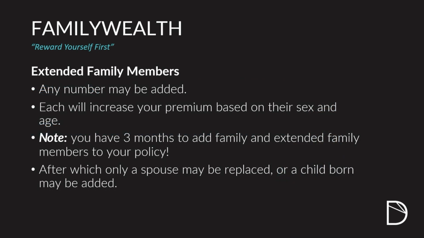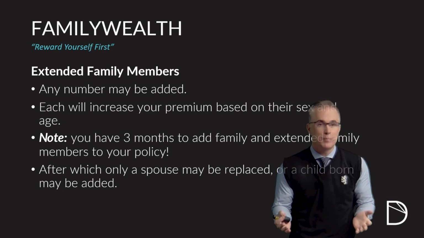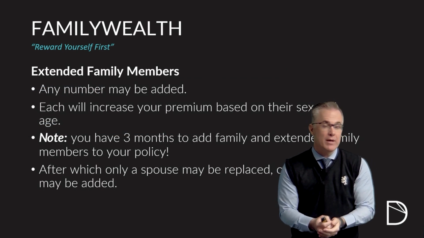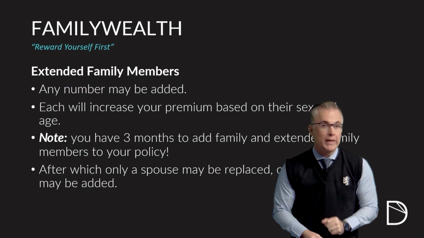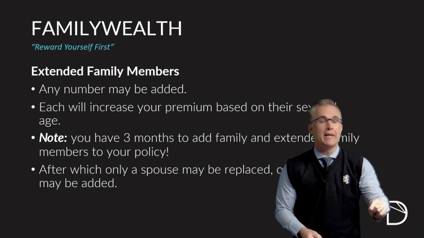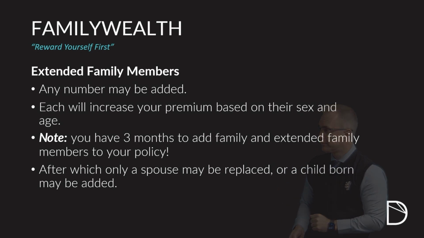With regards to your extended family members, the ones you load to your policy, any number can be loaded to each policy. However, for each family member, an individual premium will be calculated based on their age and their gender. This will be added to your monthly debit order.